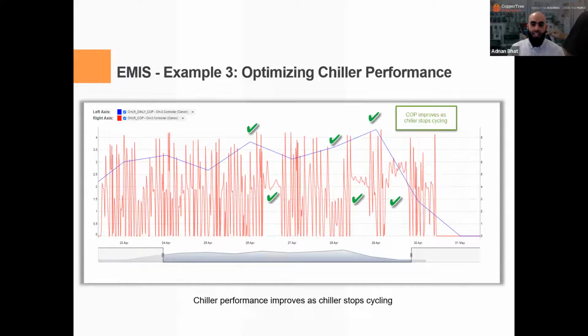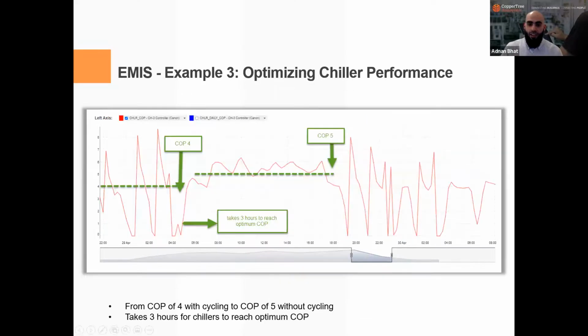And we can see here how the chiller COP improves as the chiller stops cycling. For this particular chiller, we go from a COP of 4 with cycling to a COP of 5 without cycling. And it is also noticed that it takes about 3 hours for these chillers to reach their optimum COP.